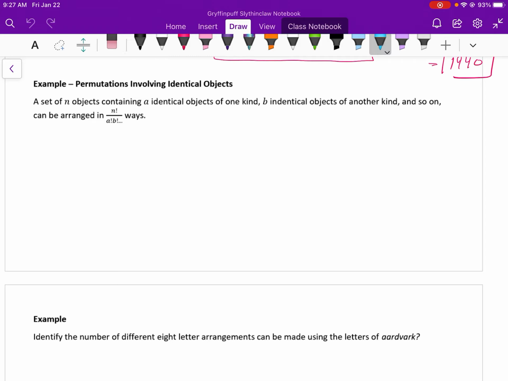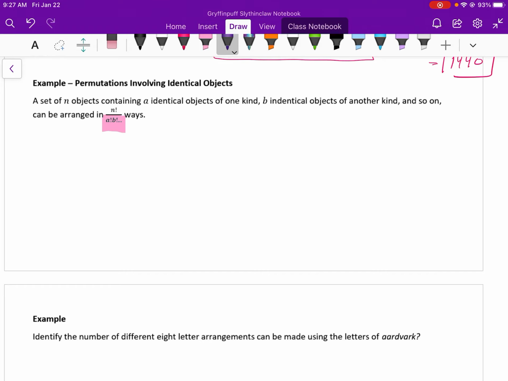So really, the denominator represents removing the different identical objects. For instance, if I have the word Bob, here I'm just going to make one Bob, but I'm going to switch the B's around. Oh, wait a second, it spells Bob again.